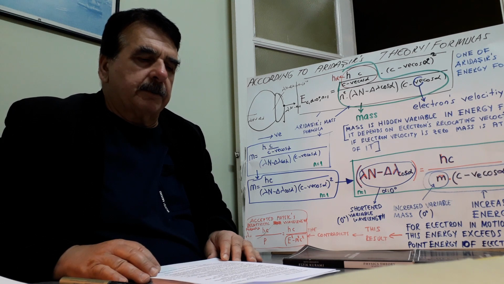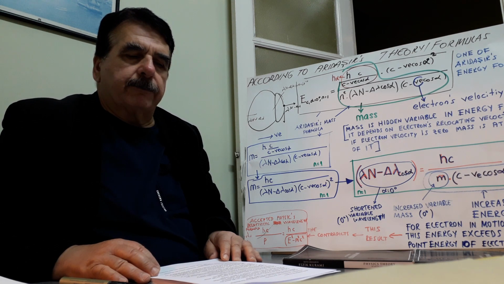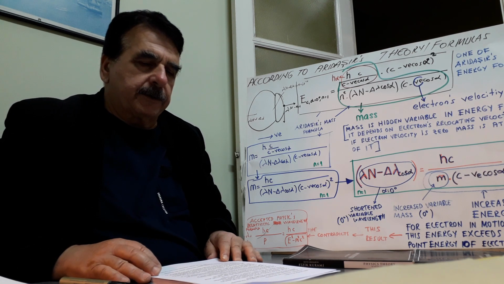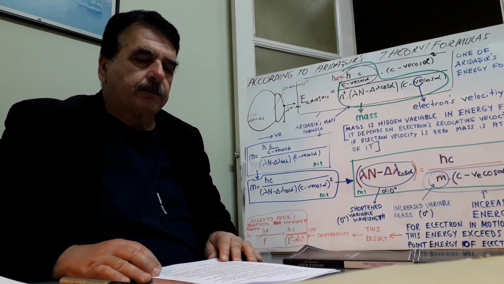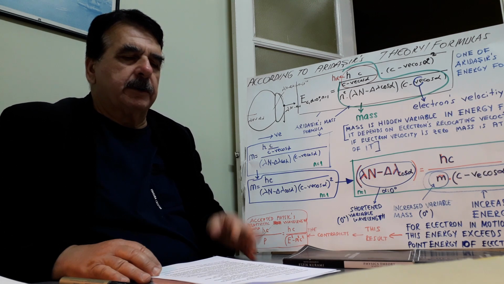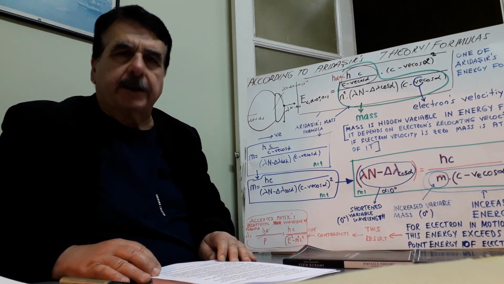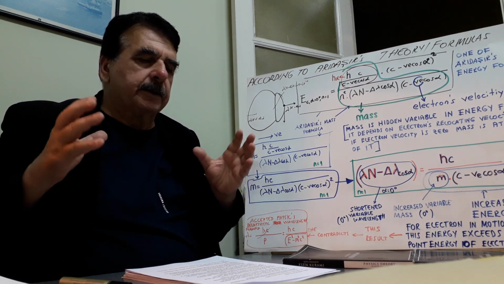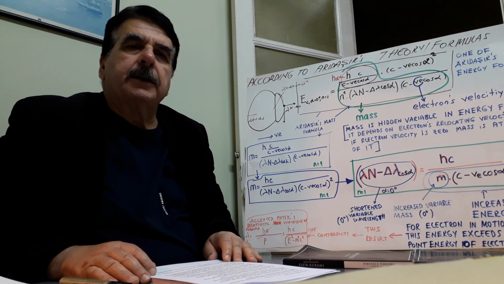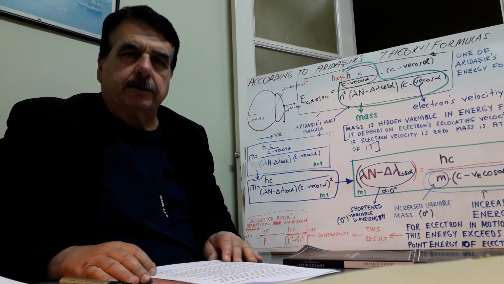If I talk about linear velocity constant of 1,884,000 km per second, this means I talk about the linear velocity of a photon as an inseparable point of an electron motion form, and linear velocity of a photon is hidden variable.